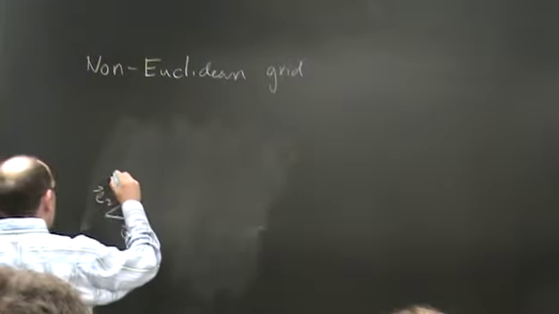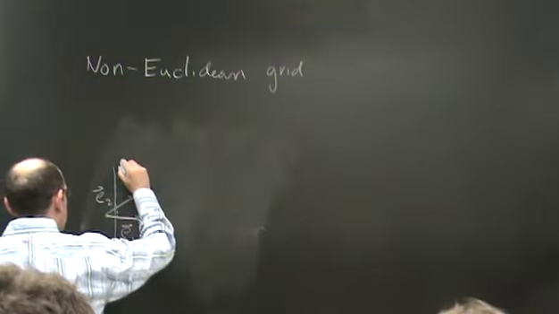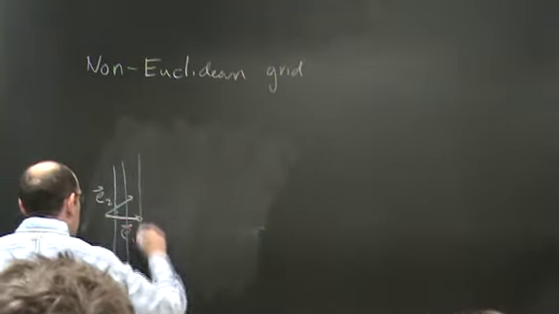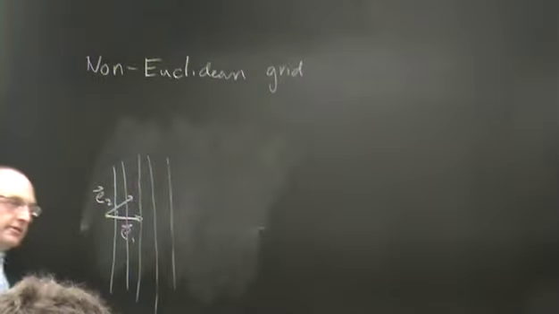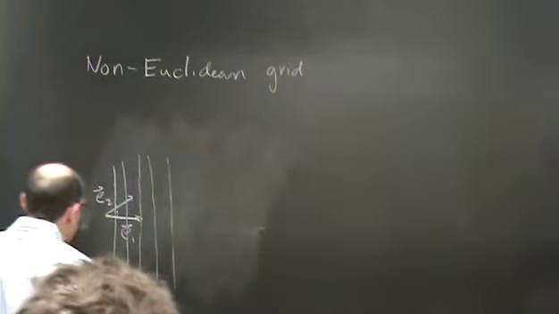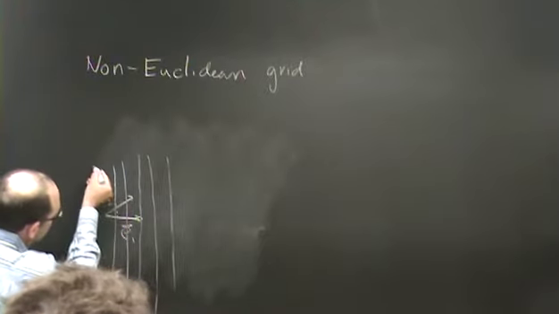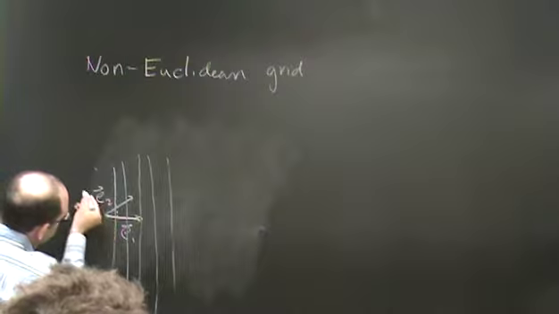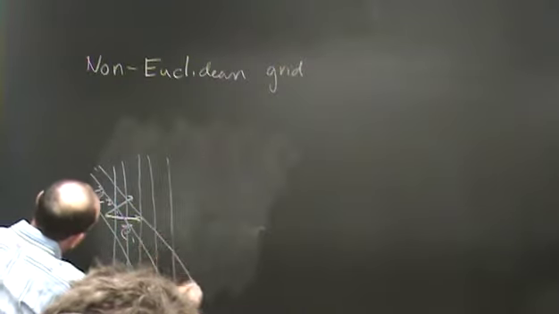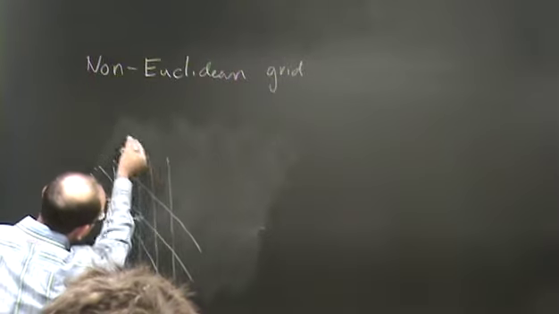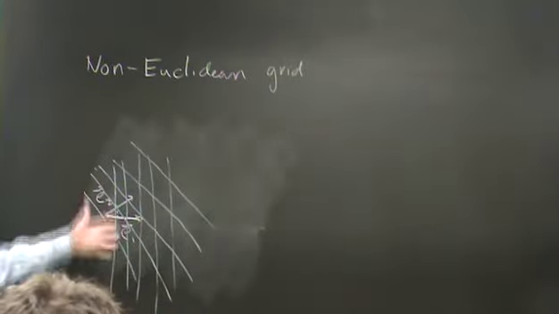So we have surfaces of constant value of E1 and surfaces of constant value of E2. Okay, so that's a grid on this space that's non-Euclidean, right?